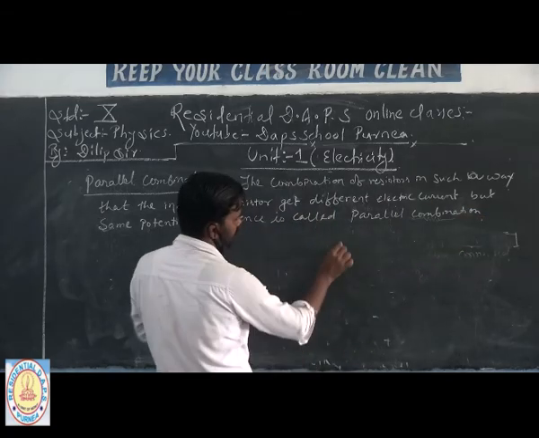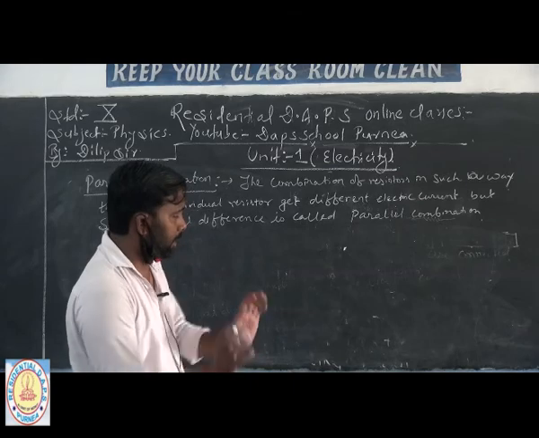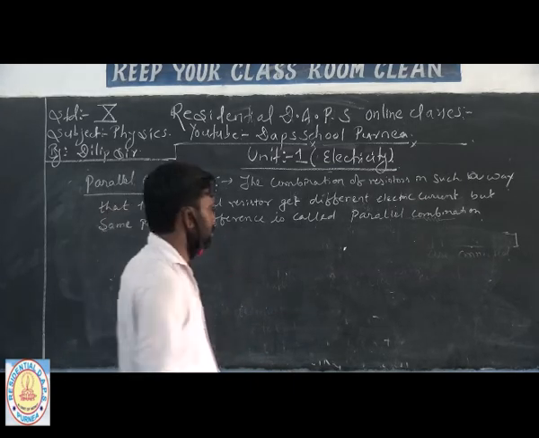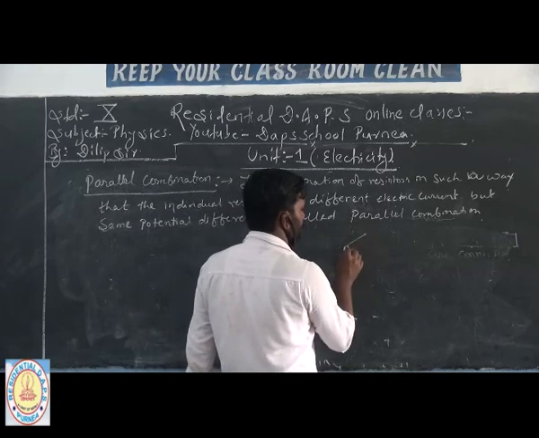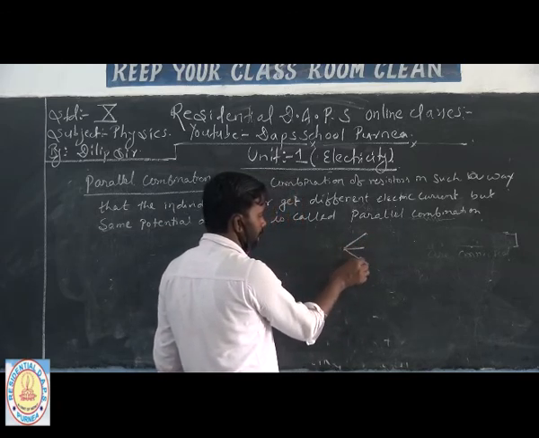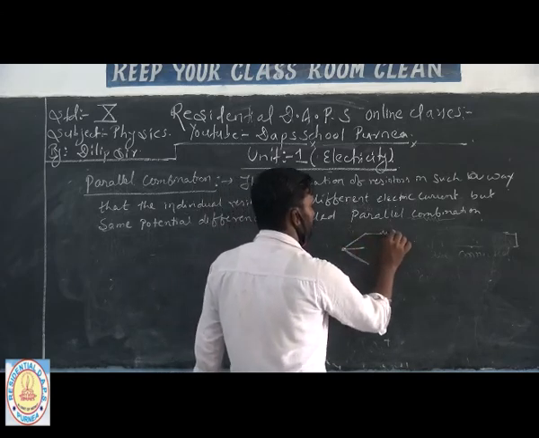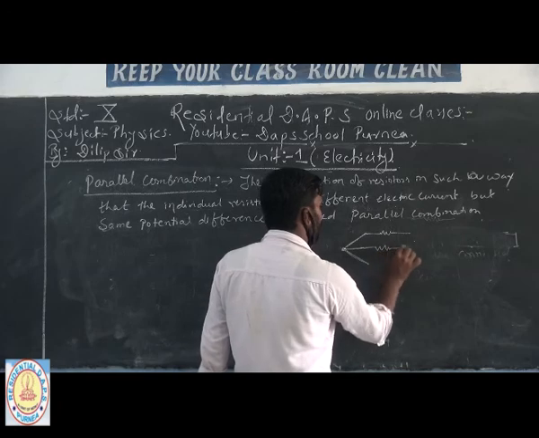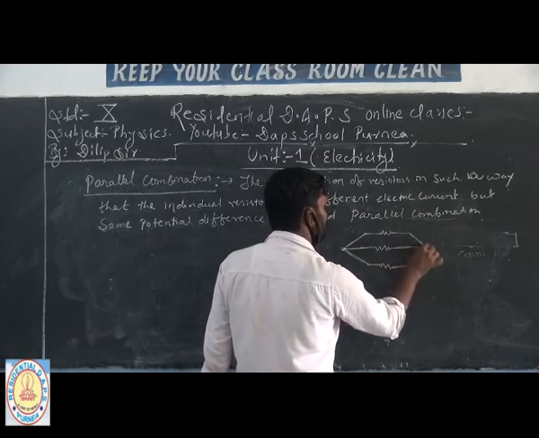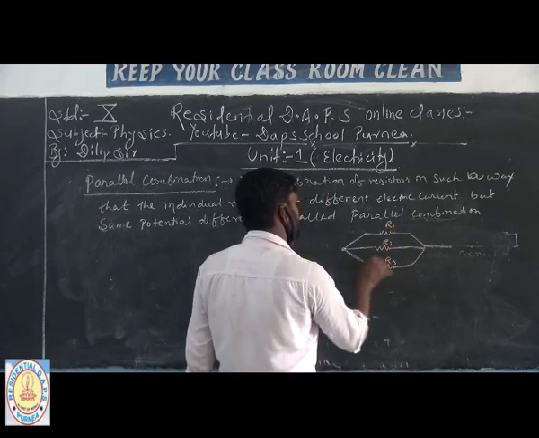Like this one. In this parallel combination, the terminals of all the resistors are joined together. Let us consider these three resistors. Then the first terminals of all these three resistors are joined together here. This is R1, this is R2, and this is R3.